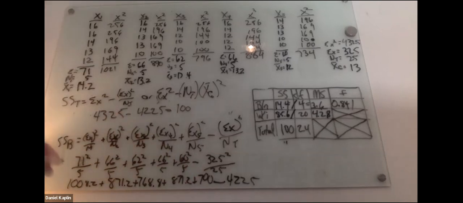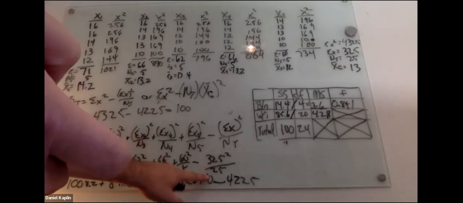So, okay, now let's add everything up. We get 1008.2 plus 871.2 plus 768.8 plus, almost made a mistake, 871.2 plus, I think that was 720.